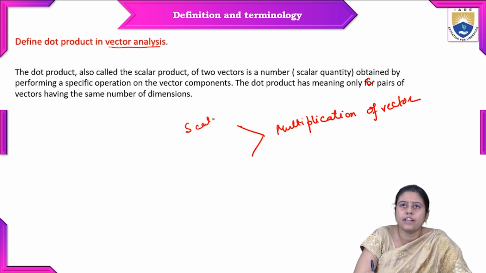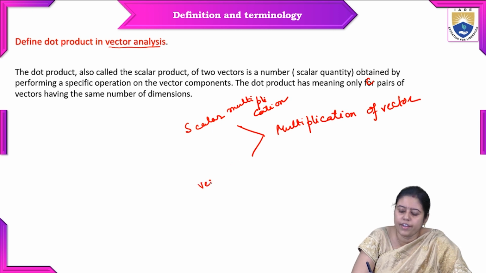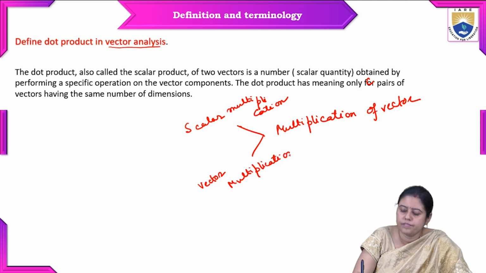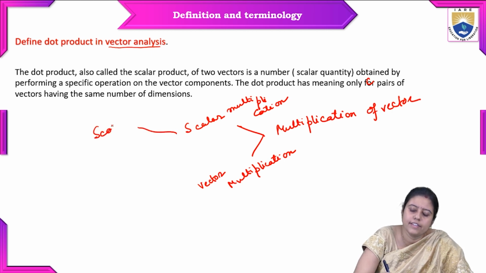The first one is scalar multiplication, and the other one is vector multiplication. Scalar multiplication is generally known as scaling.